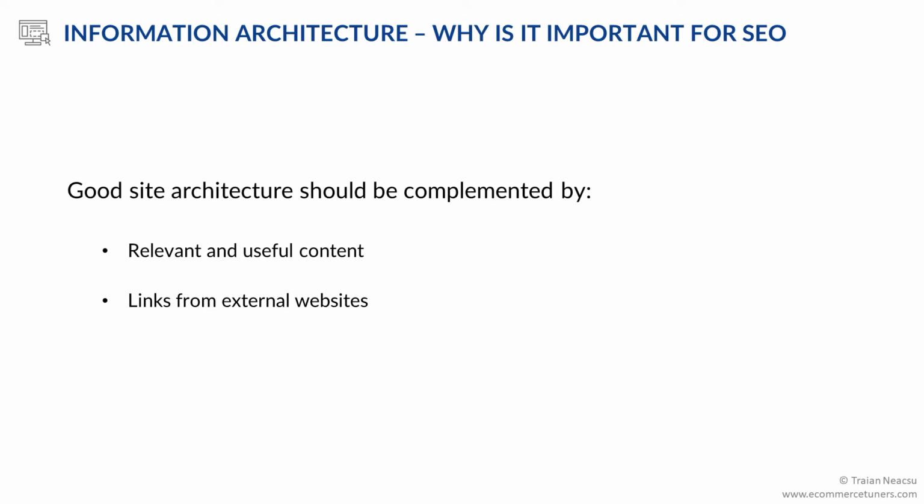Because head terms are usually pretty competitive, a page targeting such terms should also include relevant and useful content. This means that your listing pages should display more than just a list of items. For product detail pages, you need to present more than just product pictures and pricing. The page should also have backlinks from related, trusted external websites.